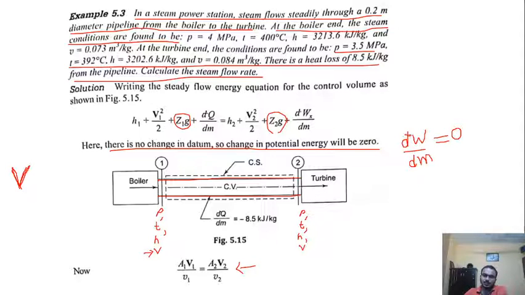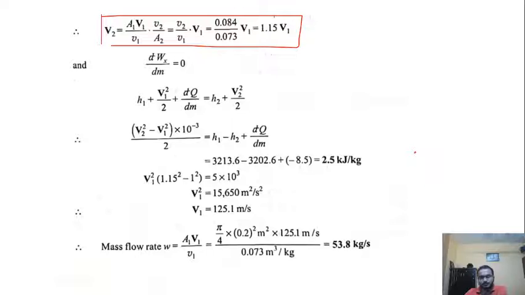So this will also be neglected. We have also neglected Z2 minus Z1 equal to 0. So now once we apply these assumptions, our SFEE equation has been reduced to this.